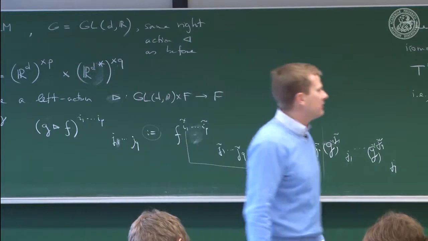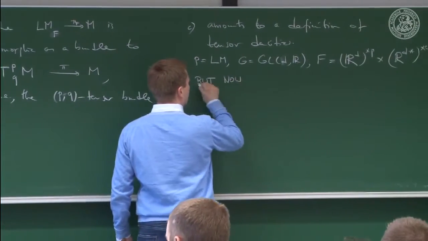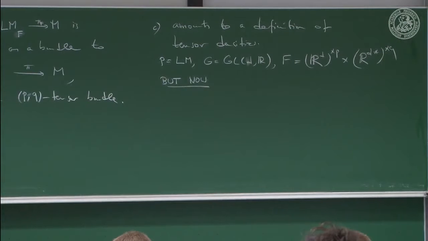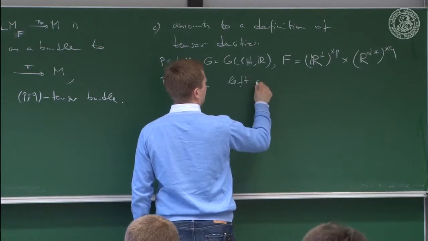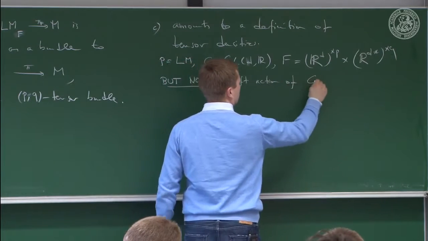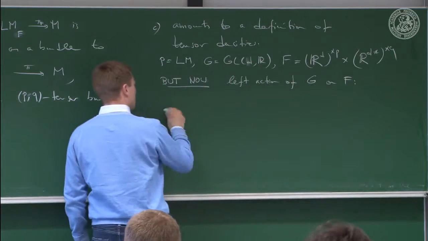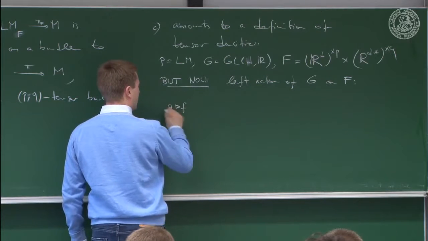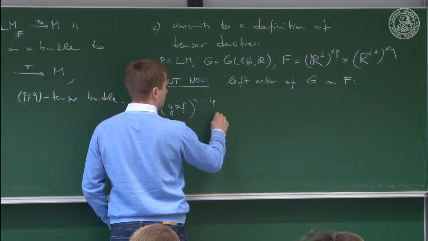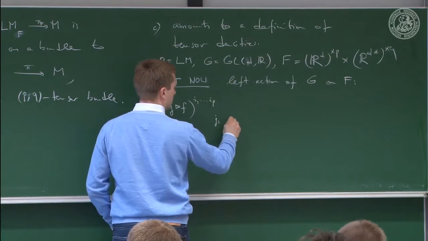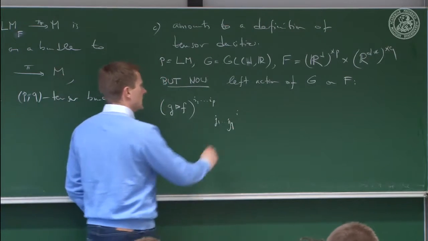But now we modify something. Now we modify the action, the left action of the group GLD, group G, on this fiber F. Namely, G now acting on F must again, of course, produce an object I1 to IP, J1 to JQ, because that's what an action does.